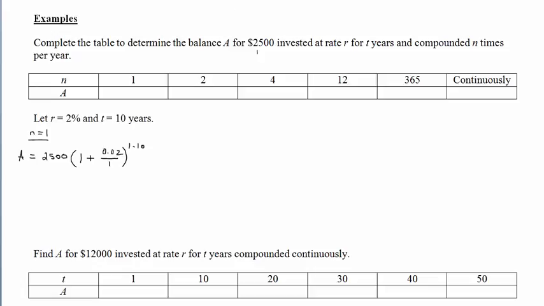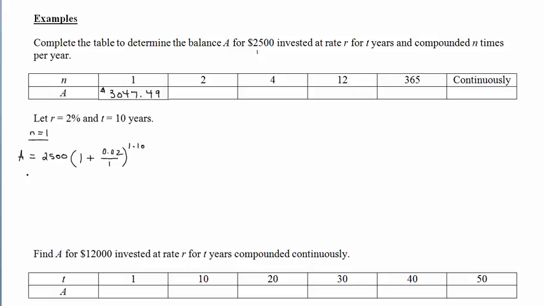Computing this value on our calculator, after 10 years, put a little dollar sign here, this is how much money you'll have in your account. $3,047, and rounded to the nearest penny, 49 cents. If you can stand to give up $2,500 for 10 years, you'll make a little over $500 in interest.